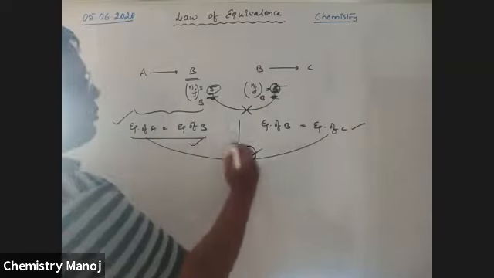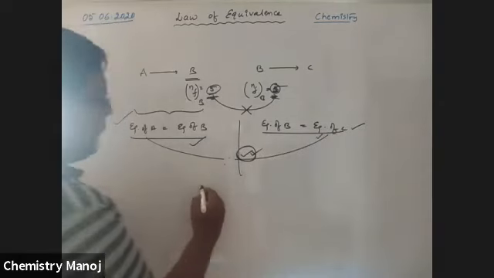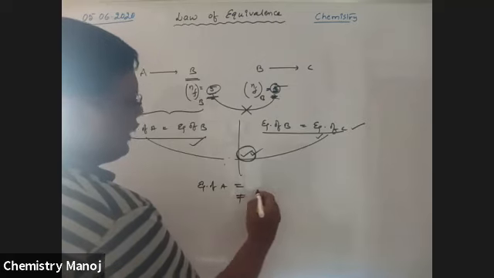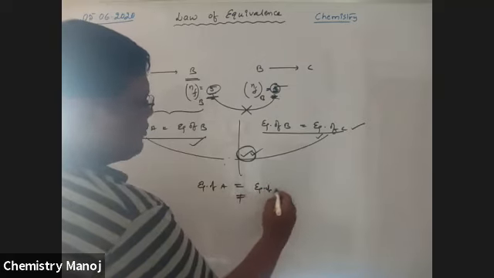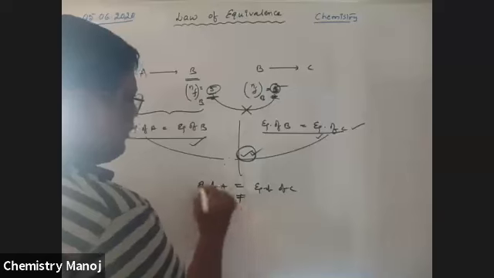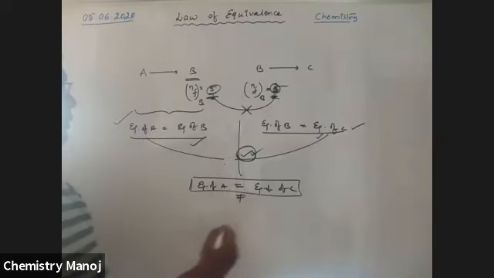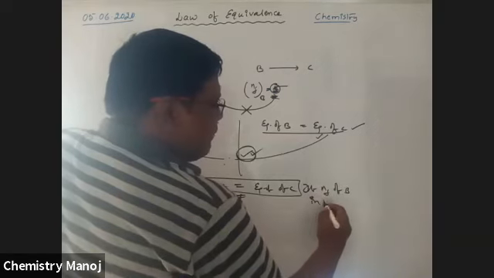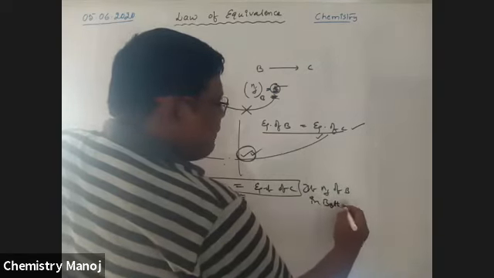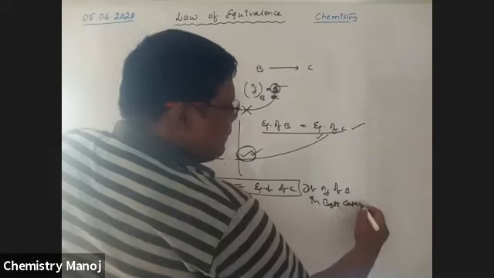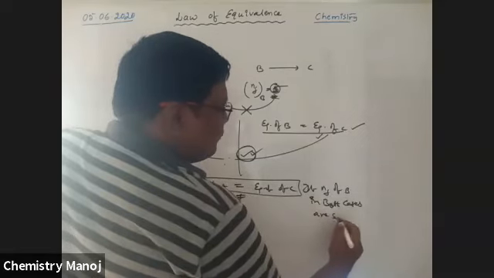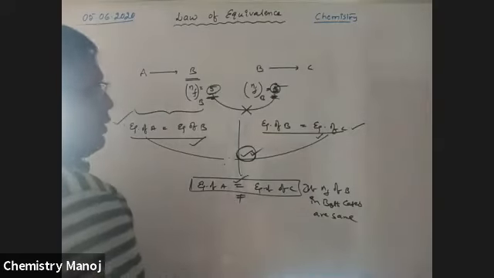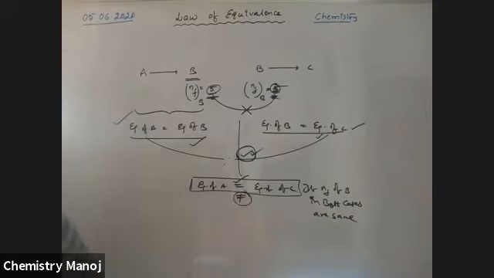Any reaction is possible, but equivalence of A may or may not be equal to equivalence of C. This is possible if the n factor of B in both cases is the same. If they are not the same, this is not possible.